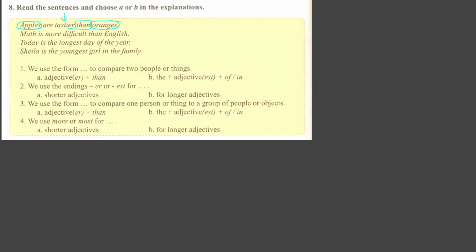Okay, the second sentence, math is more difficult than English. So this sentence also has two different school subjects, math and English. We also see the word than again, like the first sentence, but the adjective difficult doesn't have an er, it has more in front of it.